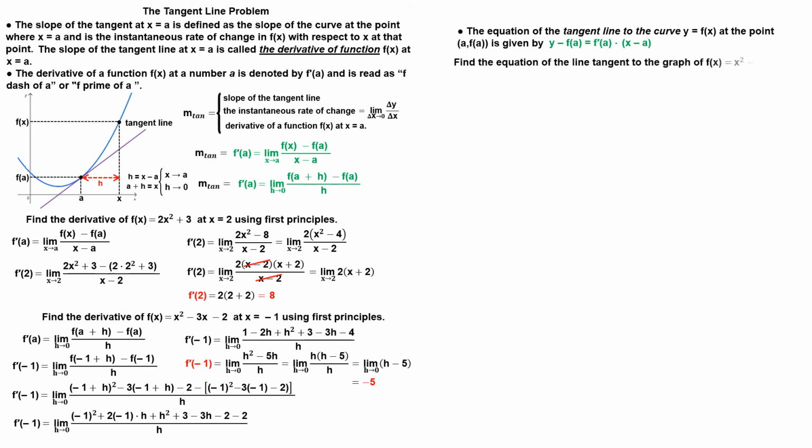First, we will find the point on the curve that the tangent line will pass through. We calculate f of 3. f of 3 is equal to 6. Then the tangent line passes through the point 3 and 6. We now find the derivative at this point.